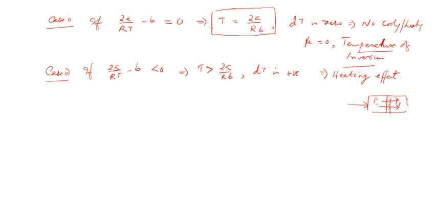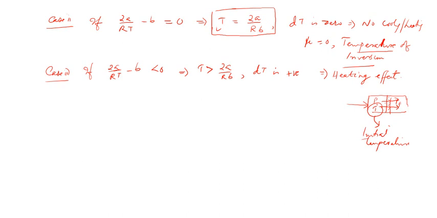The gas sample is taken into the compartment at some particular temperature T, and this is what I am calling the initial temperature. The initial temperature can be the room temperature. Suppose you are taking hydrogen gas or oxygen at room temperature into the compartment of the Joule Thomson apparatus, and you make that oxygen sample undergo Joule Thomson expansion at room temperature.